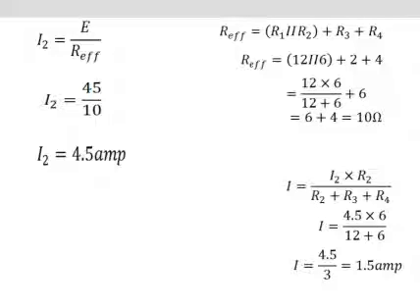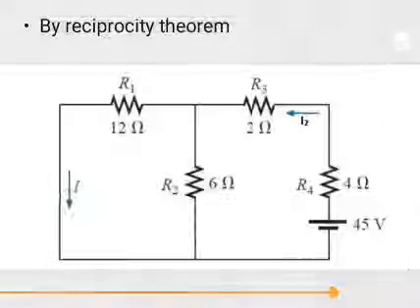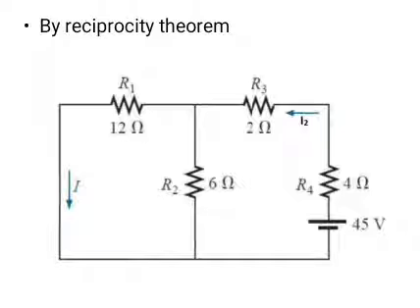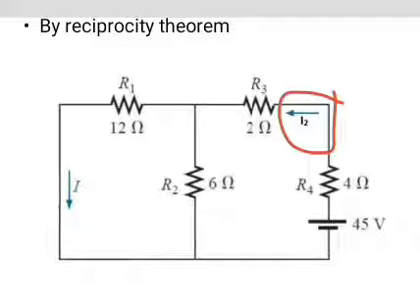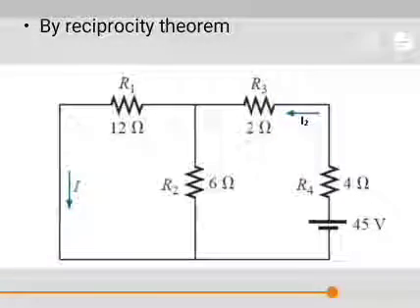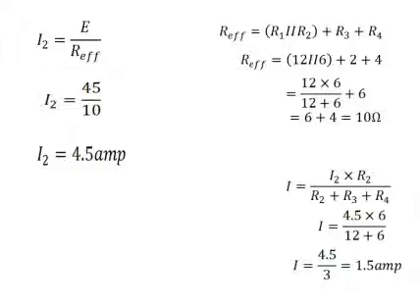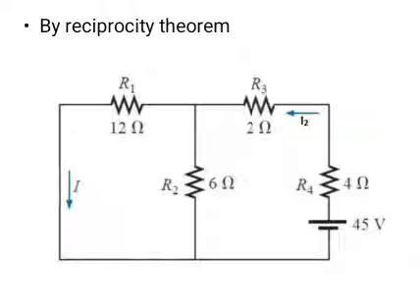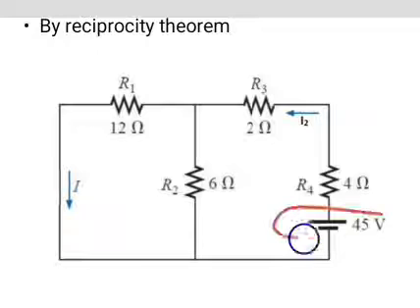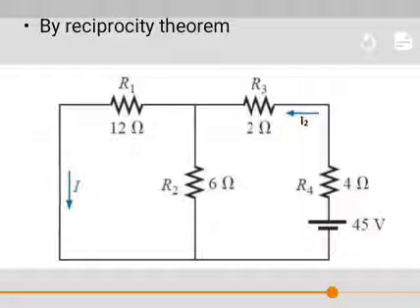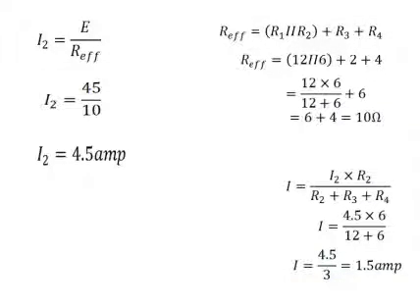Say I2, the current I2 equals E divided by effective resistance.